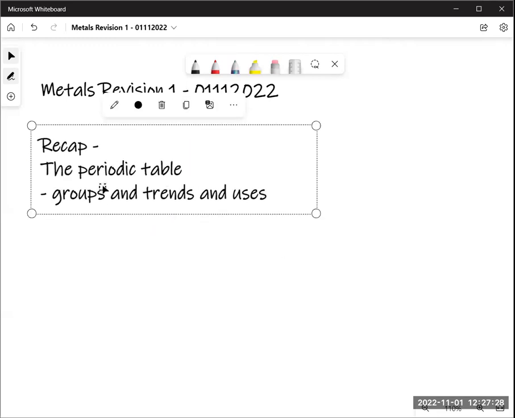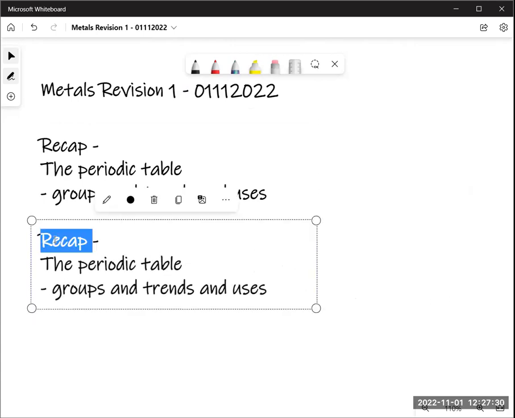Right after that, we will look at metals, because it's a direct extension of what we did in the last class. We looked at some metals. Now we're going to see how those metals behave, why they behave like they do, and how we extract metals.